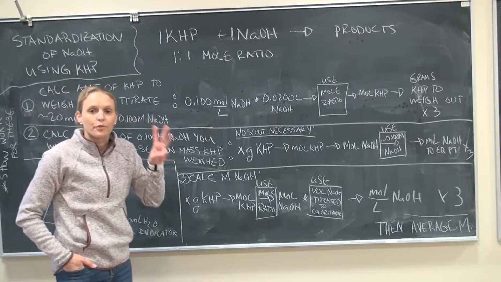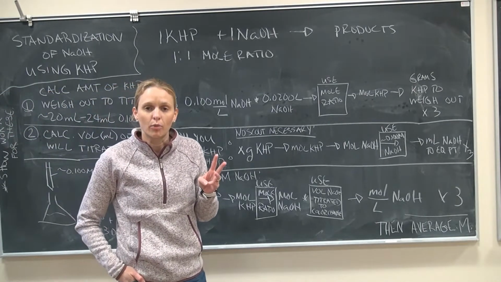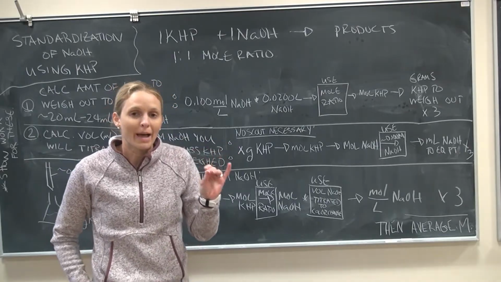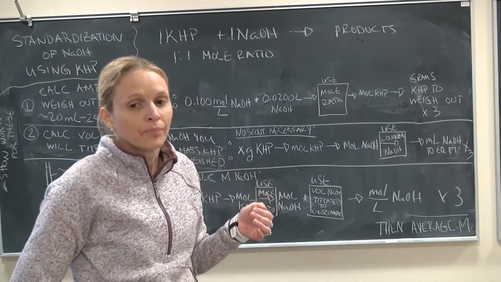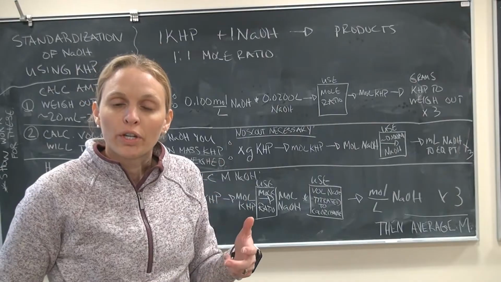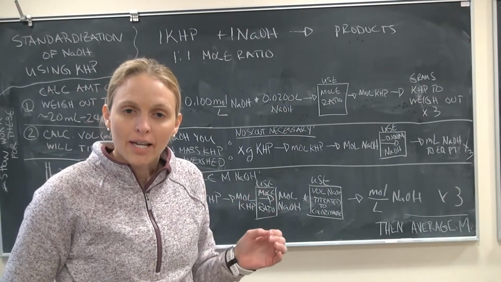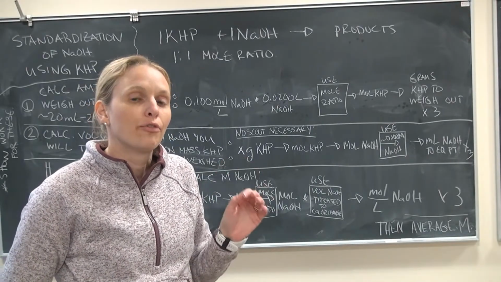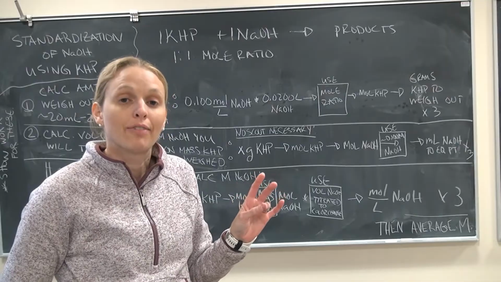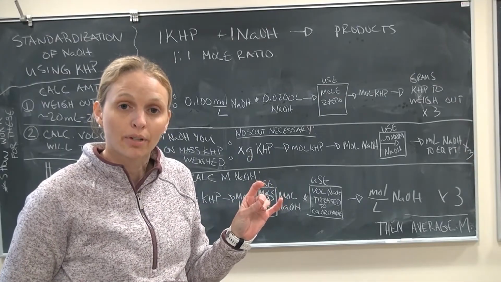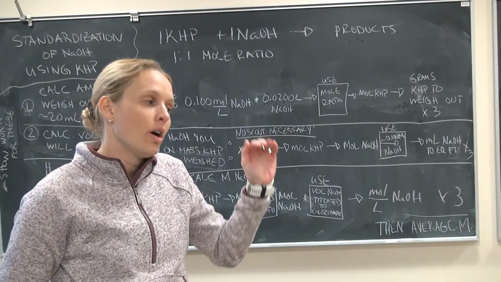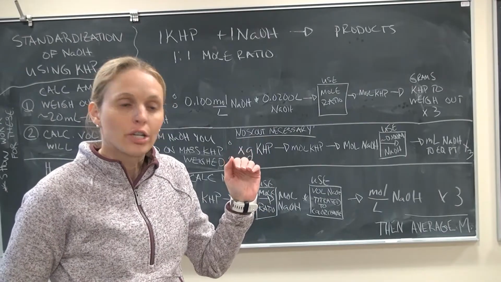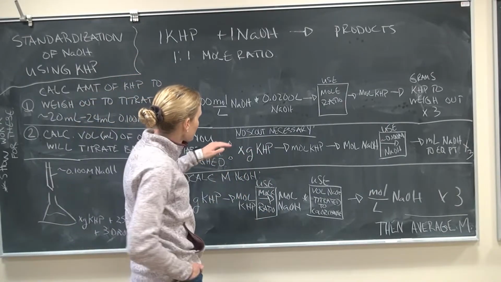Okay, so we have 3 masses of KHP that I weighed out. Those 3 masses are not all exactly the same, so my volumes for my endpoint will not all be exactly the same. Okay, so I'm going to calculate the volume for each of my A, B, C flask masses of KHP I put in each one, so I know when I'm going to hit that endpoint for each one of them. Okay, so I'm going to start here.